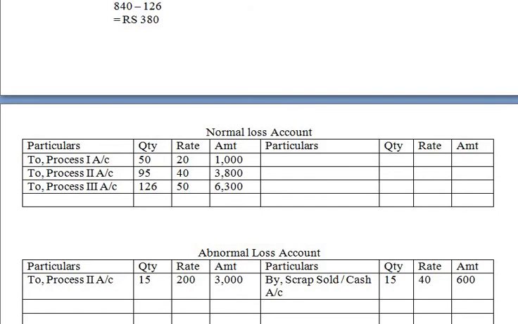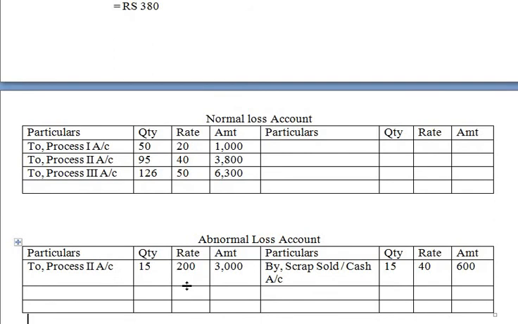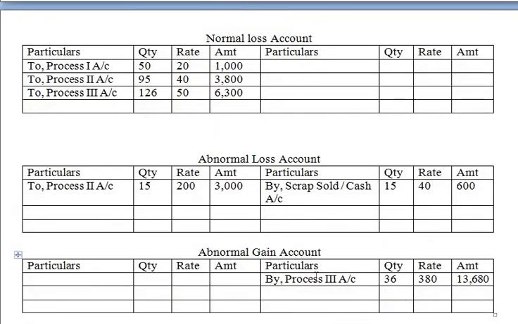There will be realizable value, and that realizable value should be recorded on the credit side of abnormal loss account. Now there is one more, abnormal gain. Abnormal gain is for process 3, so we have recorded it on the credit side. Now on the debit side, whenever there is abnormal gain, the entry will be abnormal gain account debit to normal loss account.